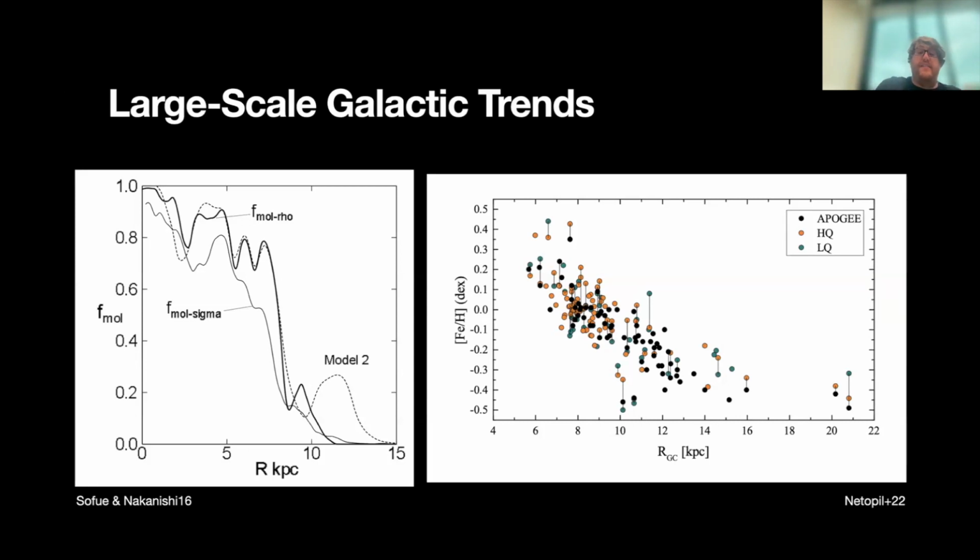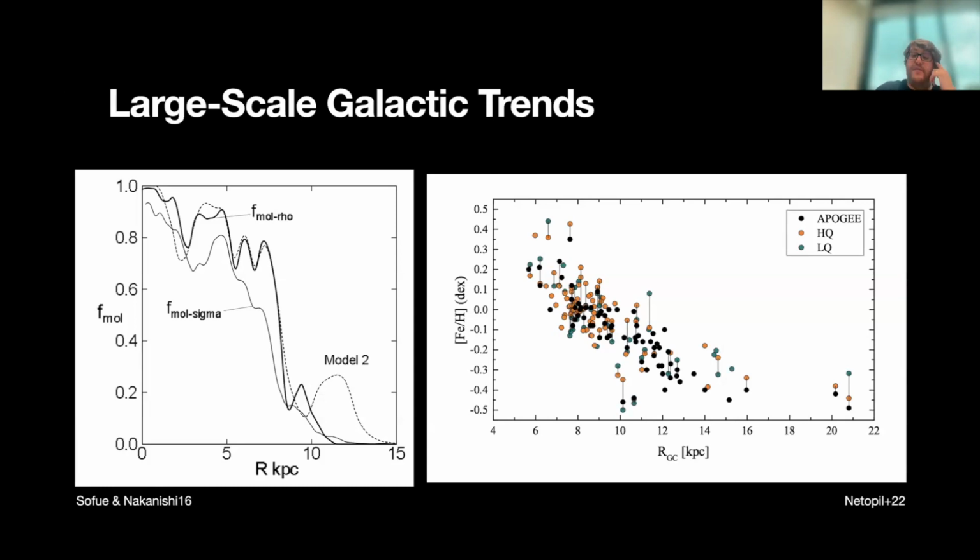And the second thing is the atomic fraction. So I said that I wouldn't touch too much on the atomic gas to molecular gas, but one thing that people who have touched on it have found is that this ratio of molecular to atomic gas is pretty much 1 in the galactic center, and then drops fairly close to 0 the further you go out of the center of the galaxy.